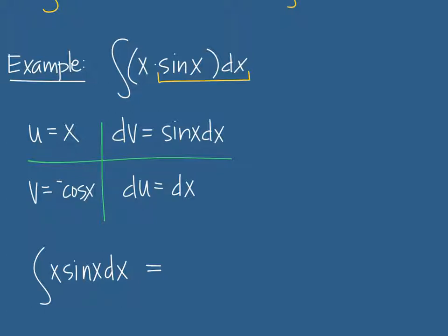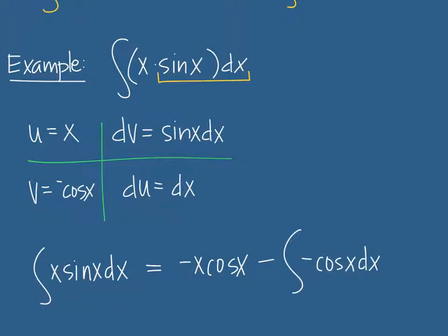You start with uv, so the uv would be negative x cos x, minus the integral of what you figured v to be and du, which is negative cos x dx.